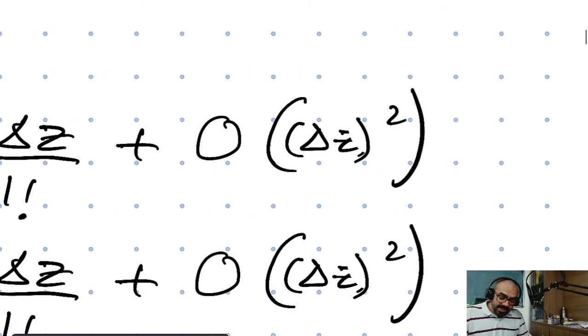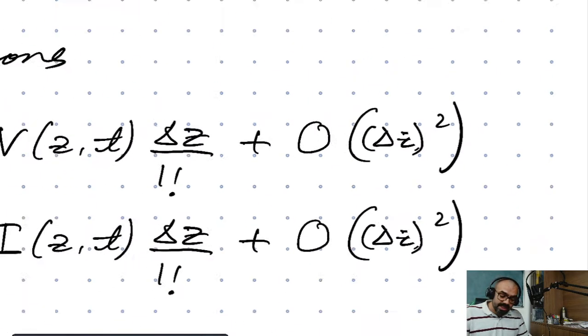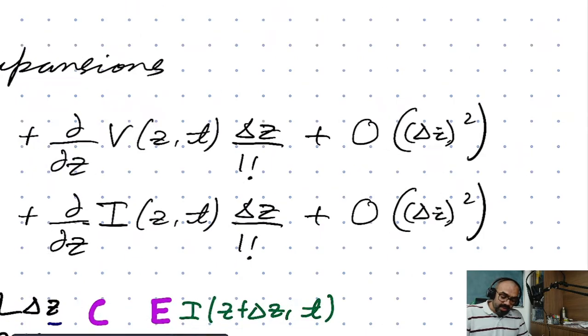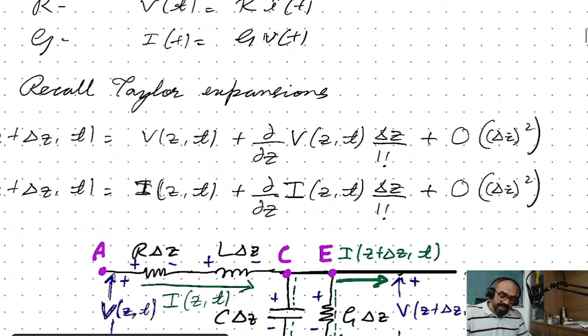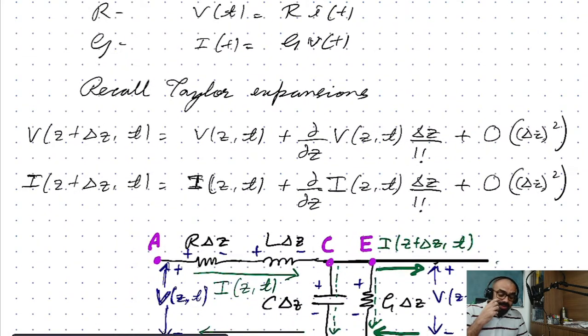Now remember, as delta z goes smaller and smaller, these error terms are going to matter less and less, and so we can neglect them. So this is the Taylor expansion. It holds provided your delta z itself is reasonably small compared to lambda.